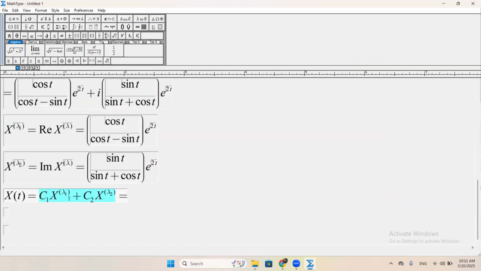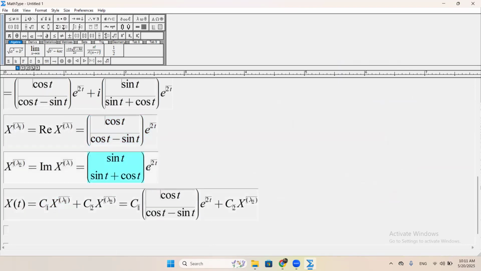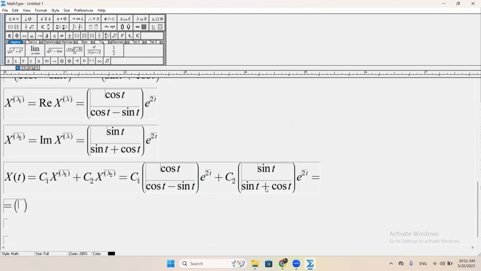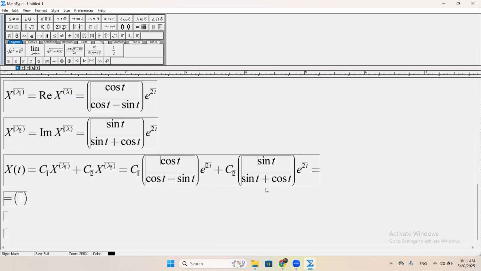Okay, let me duplicate it. So substituting here and substituting here, and if I write everything in a more compact way, if I add everything and multiply, let me write it down like this.